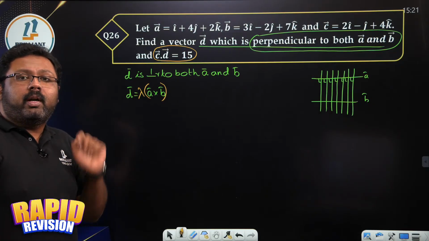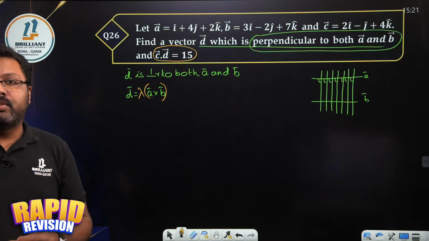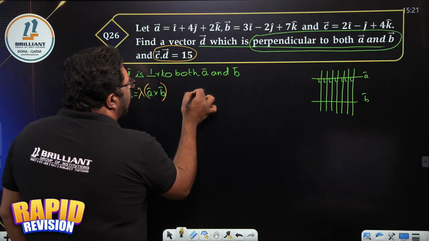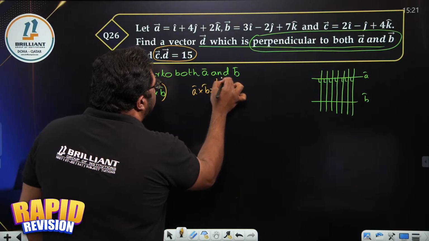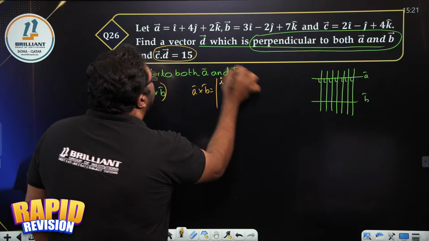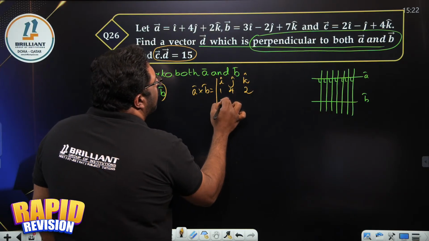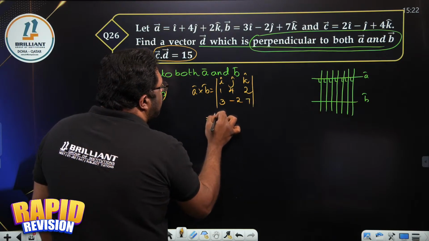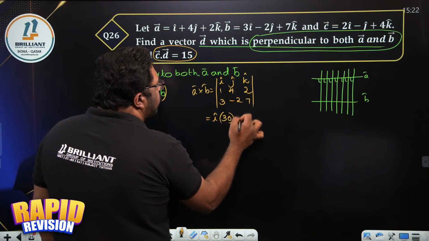But here I cannot put lambda equal to 1 because there is a second condition which says C dot D is equal to 15. So we have to find what's A cross B. A cross B equal to determinant ijk, A is 1, 4, 2, 3 minus 2, 7. I into 28 plus 4, 30.